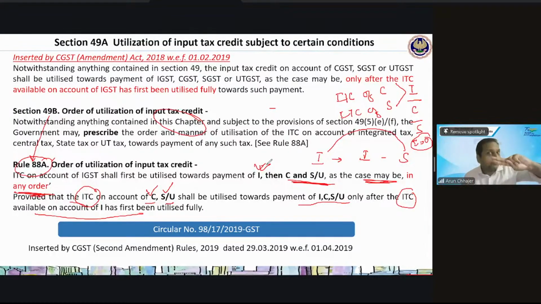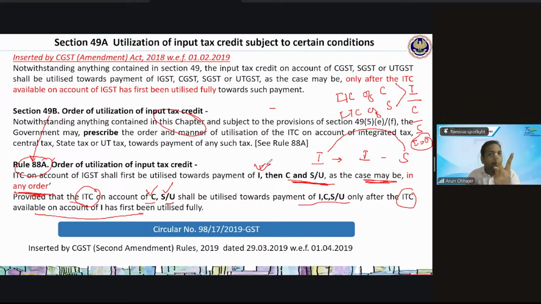Now if I read both provisions together, I can say the following points. Point number one, C and S cannot give to each other. Now I am reading the 49B along with its order, along with its proviso, Rule 88A. The first point that comes out is that C and S cannot give to each other.